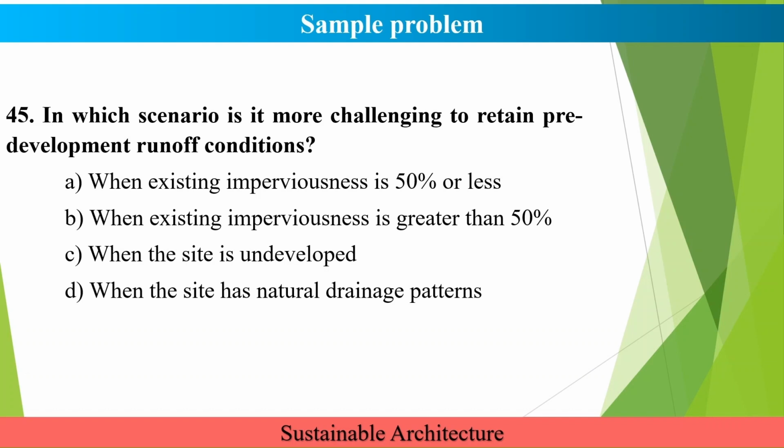So for question number 45, option B is the right answer. It is more challenging to retain pre-development runoff conditions on a site with greater than 50% imperviousness due to the higher initial runoff rates.